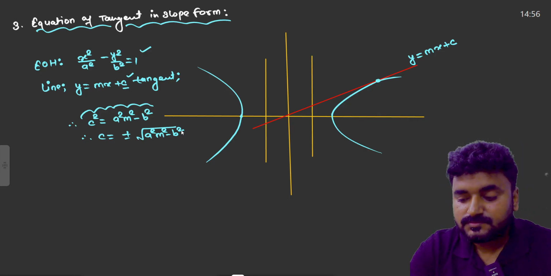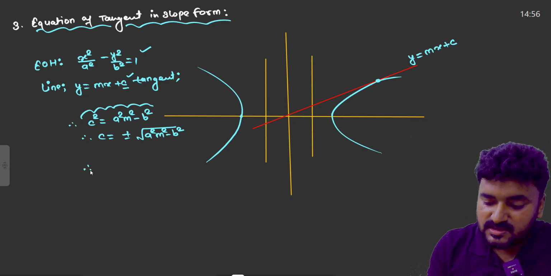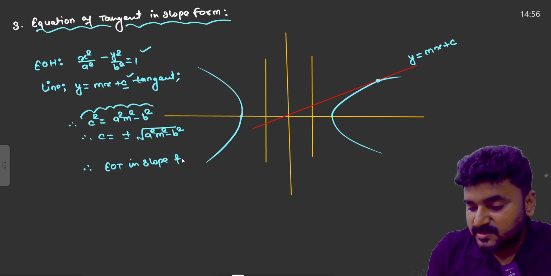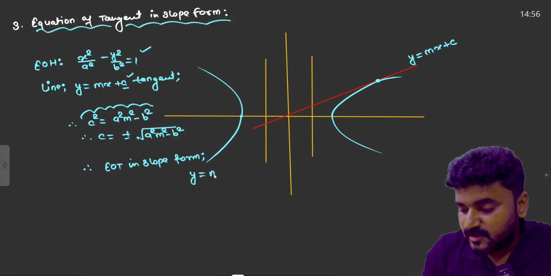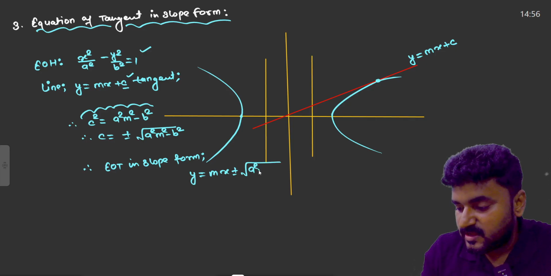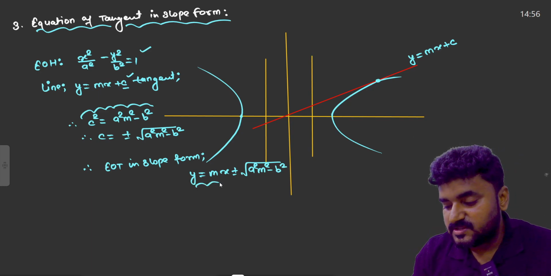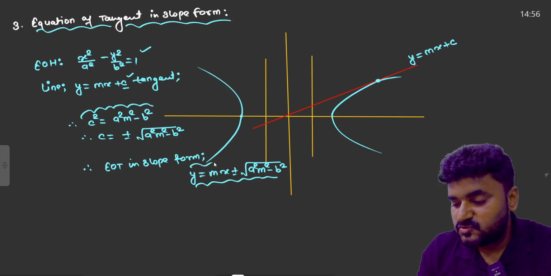So the equation of the tangent in slope form will be y equals mx plus minus root over a square m square minus b square. This is my equation of the tangent in slope form.